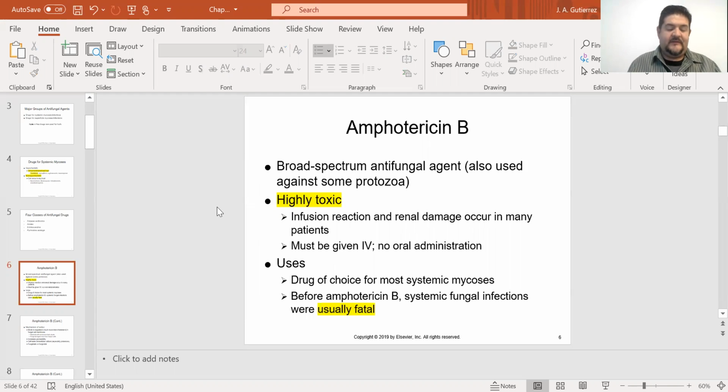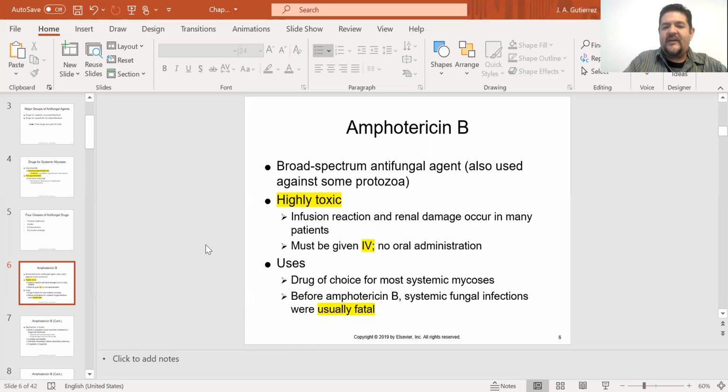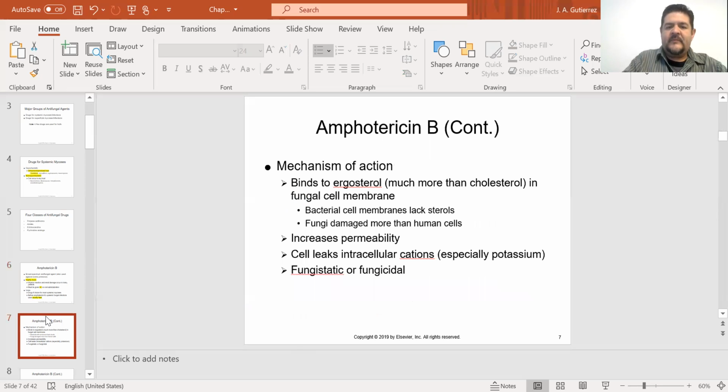That's funny, that this medication that we have to do a very careful follow-up on is safer than the ones that we used to have. Okay, so amphotericin B is only IV. There's no PO medications. This medication is only for hospital use. Patient has to be monitored very closely.